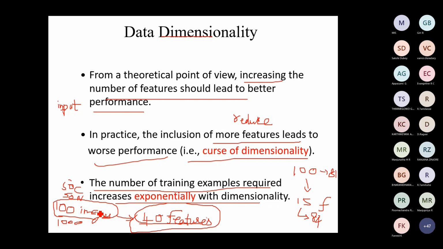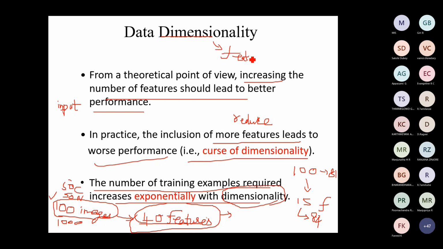If you have more features, more input data is required. For each image, we expect 40 features. If the features are getting increased, then we also increase the training samples. So that is the meaning of the third point. The number of training samples, or examples, required increases exponentially with the dimensionality. Dimensionality here means the features.